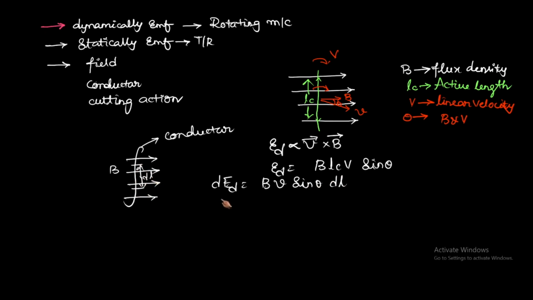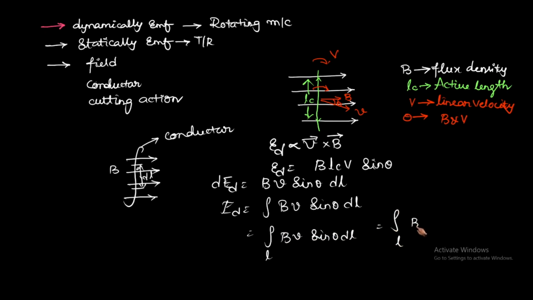If we take integration on both sides, the dynamically induced EMF will be the integration of B V sin theta DL over the length L. Finally we can write it as the cross product of B and V along DL. This is the dynamically induced EMF when you consider a conductor of different shape.